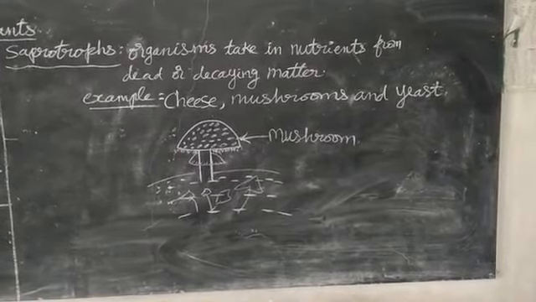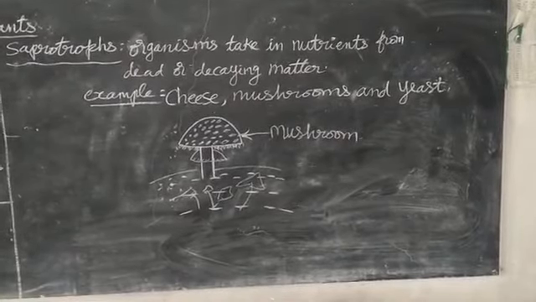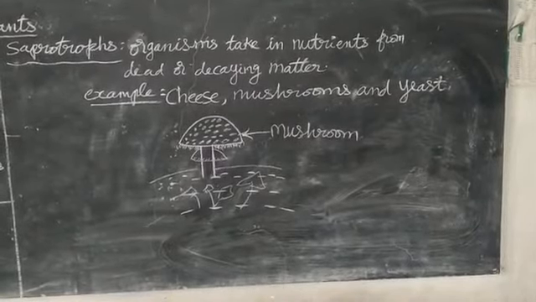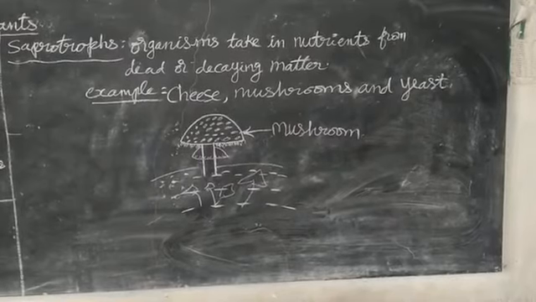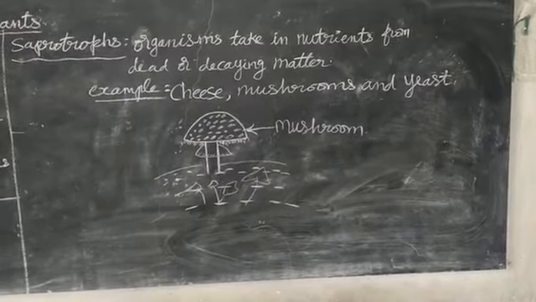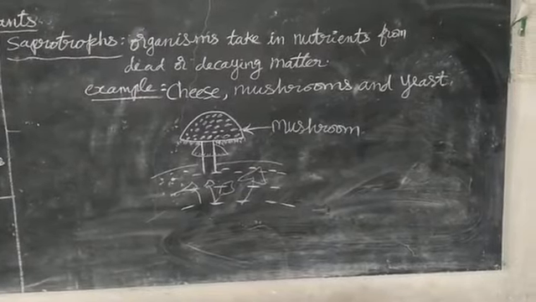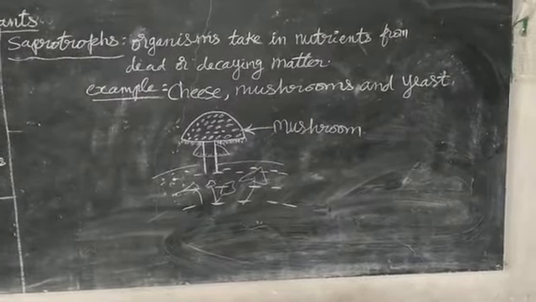During the rainy season, these saprotrophs grow, because during the rainy season the temperature is wet and also a little bit hot. So these saprotrophs grow during the rainy season. Understood? This is all about saprotrophs.